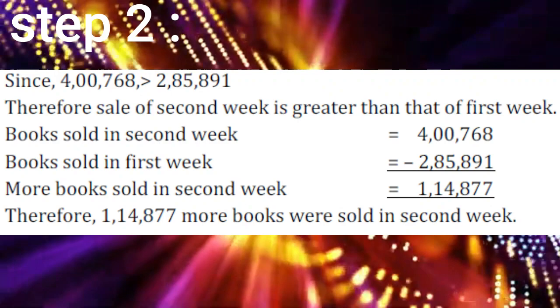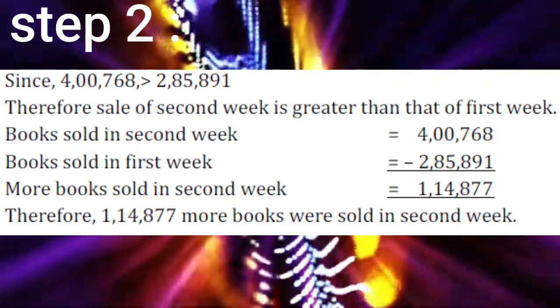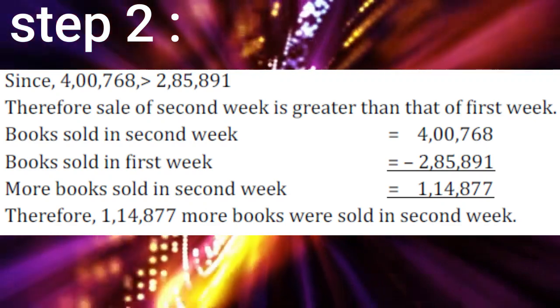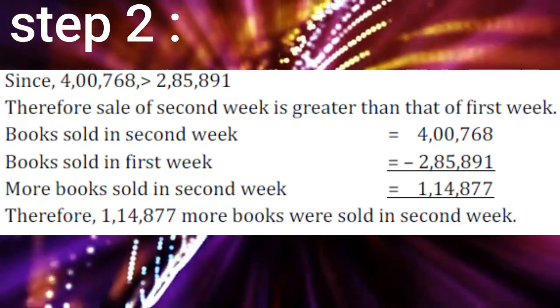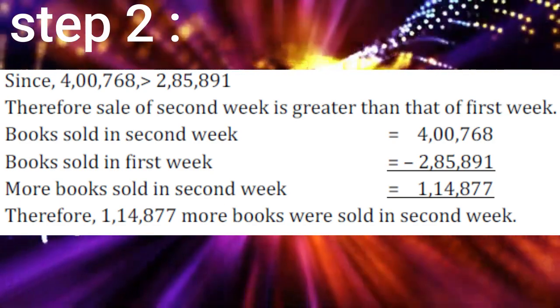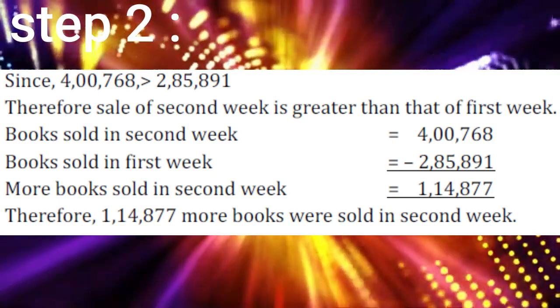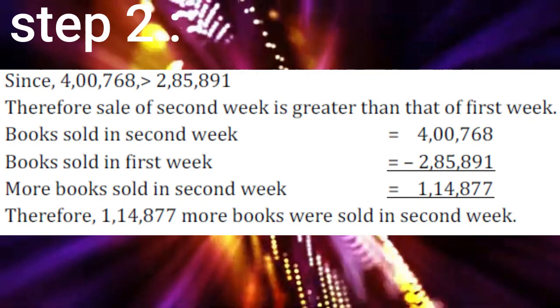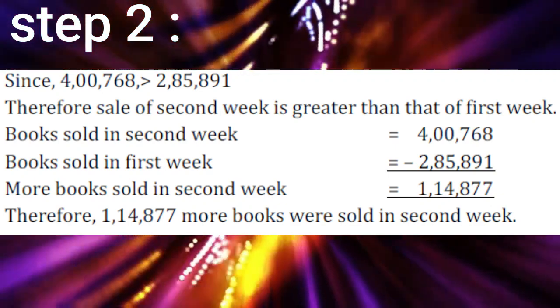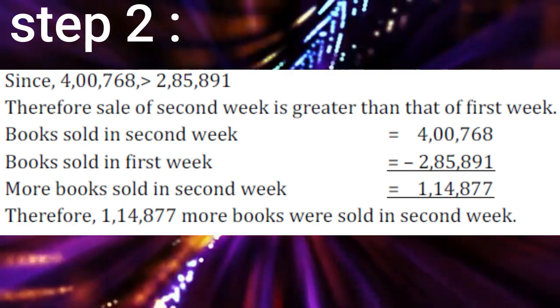So let us make the sentence. Books sold in second week is equal to 4,768. Second statement, books sold in first week is equal to 2,85,891. So find the difference.